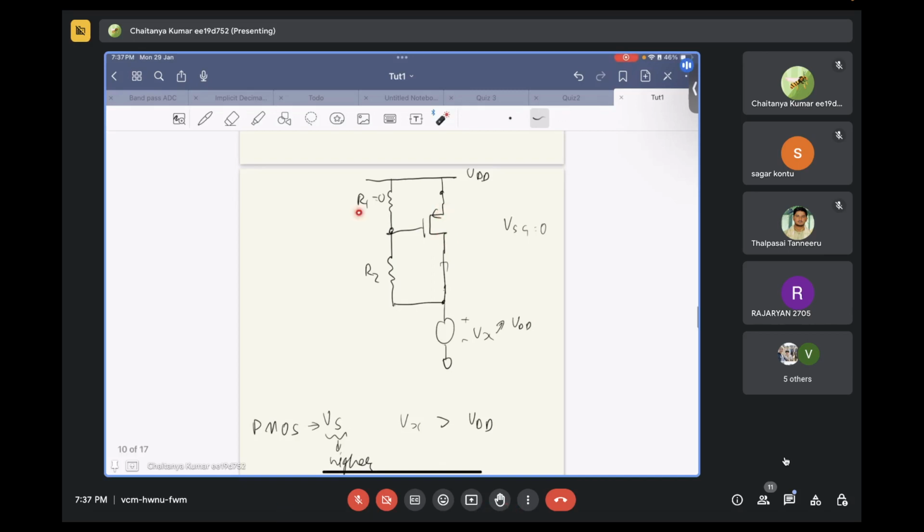Now, in that case, if R1 is equal to 0, then let's say this voltage Vx is equal to now the source gate voltage.